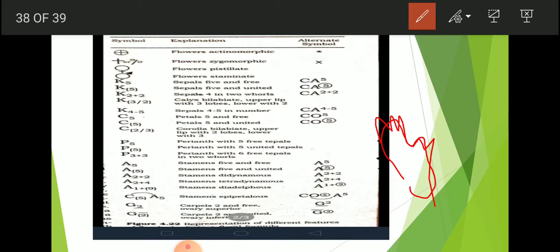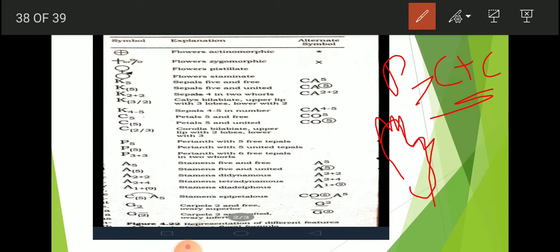Then sometimes P represents the perianth. Calyx plus corolla structure is known as perianth. Perianth with 5 represents 5 tepals, as we know corolla means petals, and an individual unit of perianth is known as tepal. If the 5 is united, then it is under a bracket.